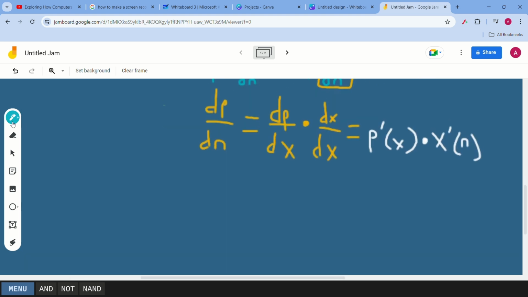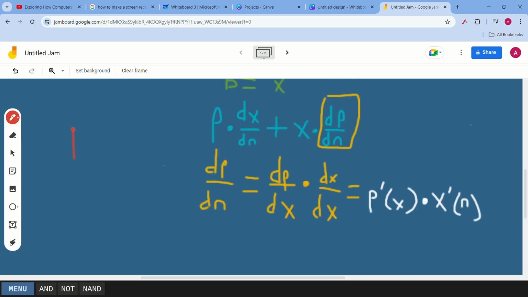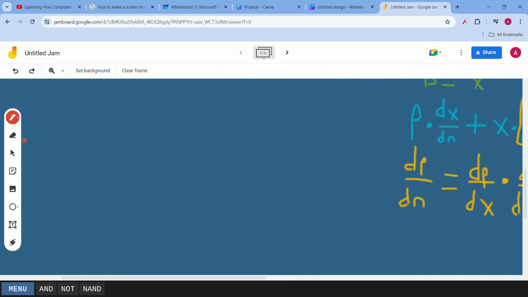Let me just rewrite that with red. Okay, there's not enough space. So I can still write P times dx over dn. But the change here is in the plus.